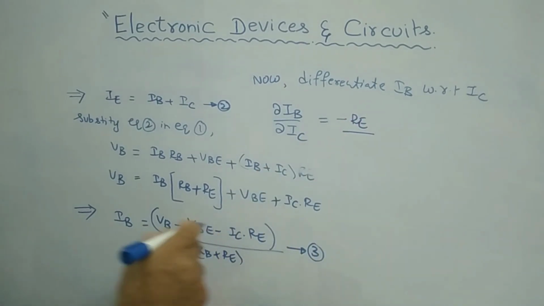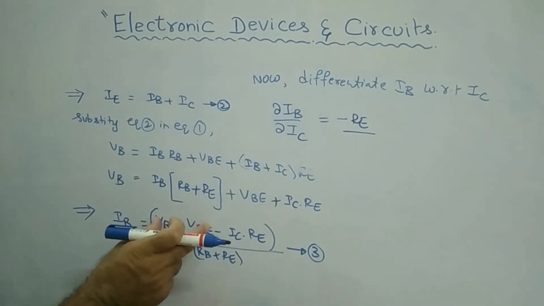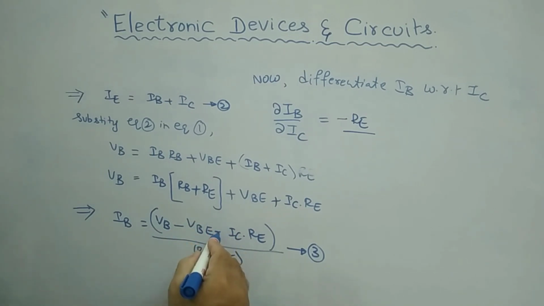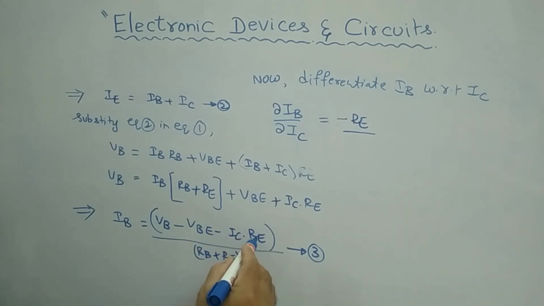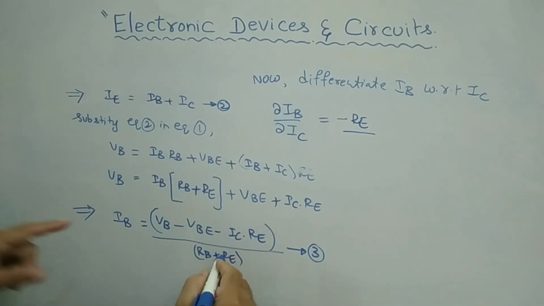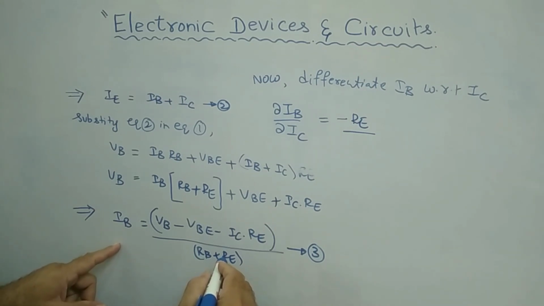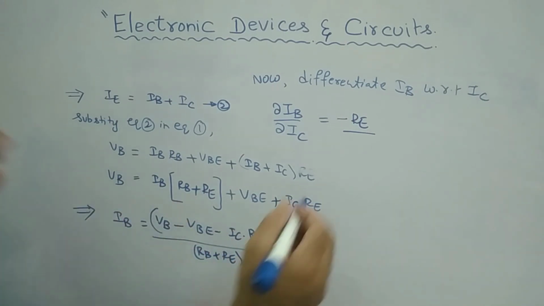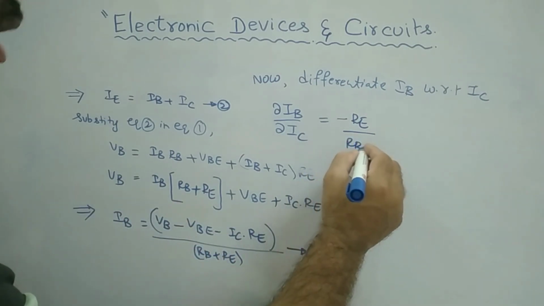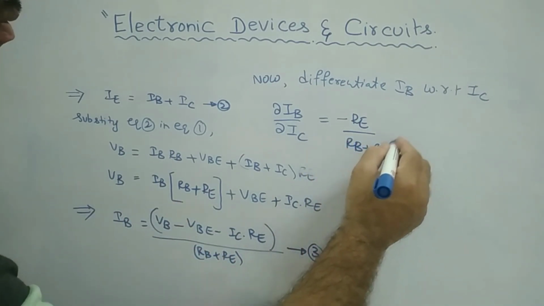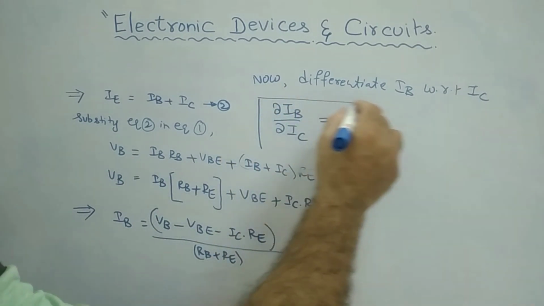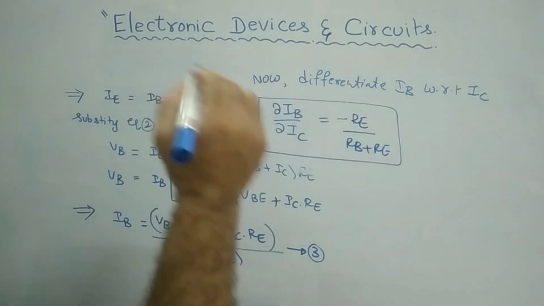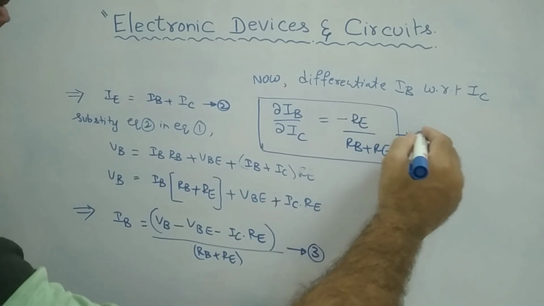The VB minus VBE part becomes 0, then you get minus IC into RE only in the numerator by RB plus RE. As you are differentiating with respect to IC, this IC becomes 1, therefore minus RE by RB plus RE. This is what your dou IB by dou IC is. Clear? This is your equation number 4.